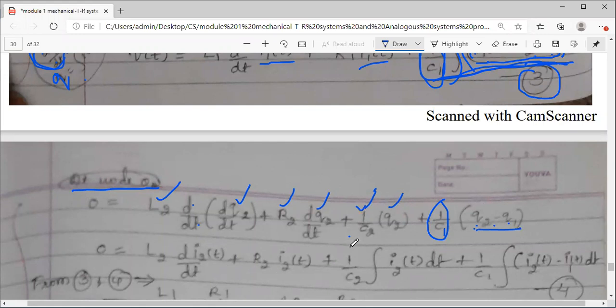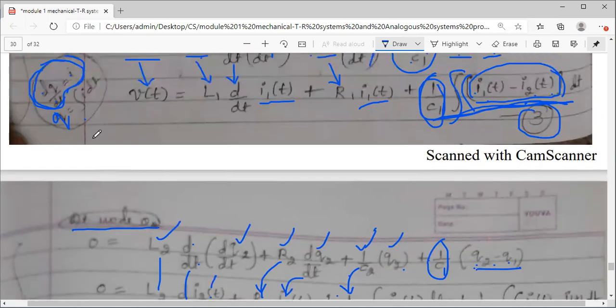Now further I can reduce this, because instead of charge Q we need current. So L2 I have kept as it is. D by dt of, what is dq by dt? It is current. So it is I2. The subscript is 2. So L2 d by dt of I2 of t plus R2 times I2 current plus 1 by C2. Charge can be written as integration of the current, as you have seen.